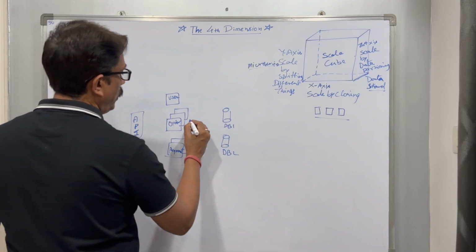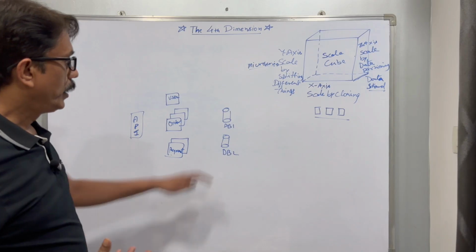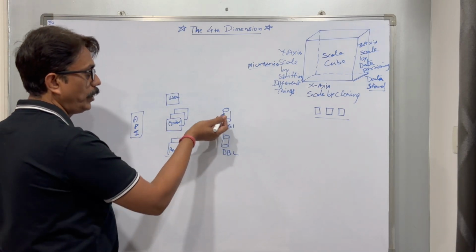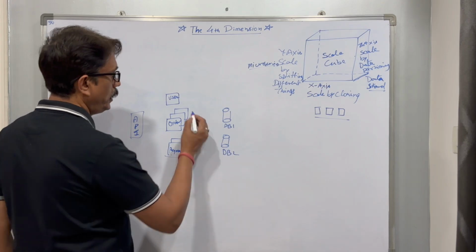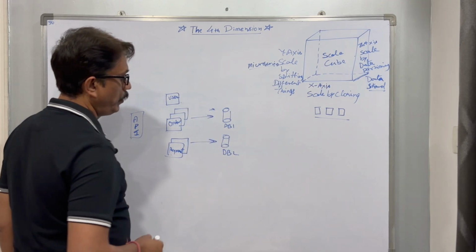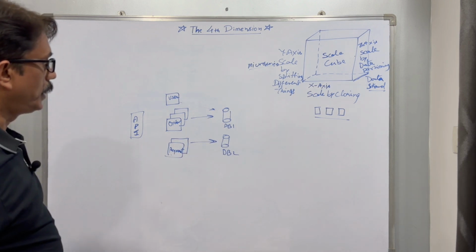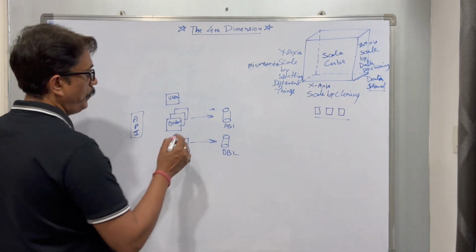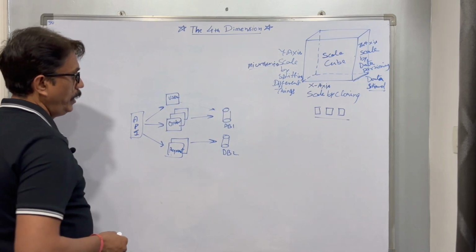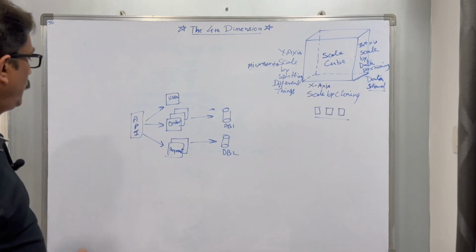Now this may not be the perfect implementation, like we are not following the database per service pattern here, but just for this particular example, suppose we have these databases. And this API gateway is basically connecting to these services.